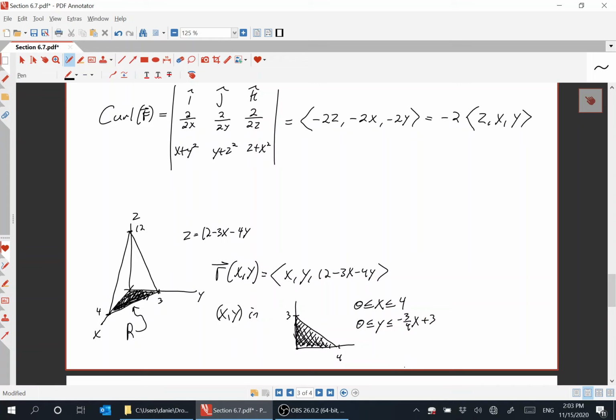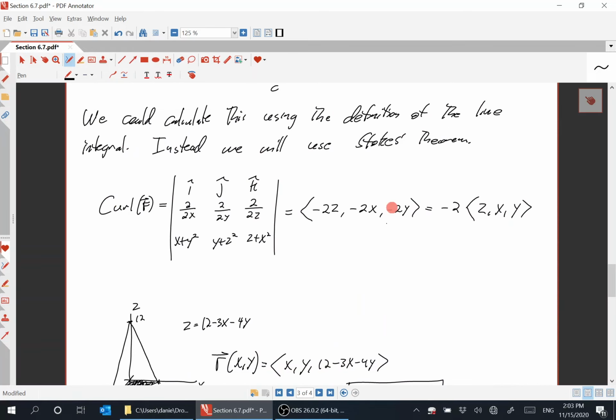So that's the equation of that line, minus 3/4 x plus 3, because rise over run is minus 3/4 and the y-intercept is 3. So that's the equation of that line right there. That's the region over which we will eventually calculate this integral.